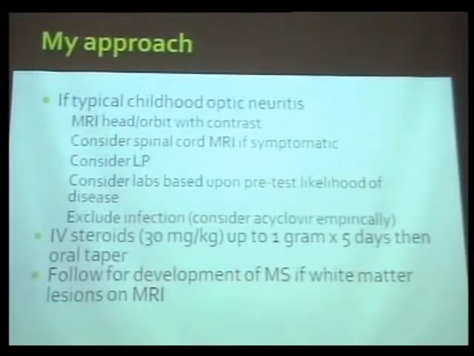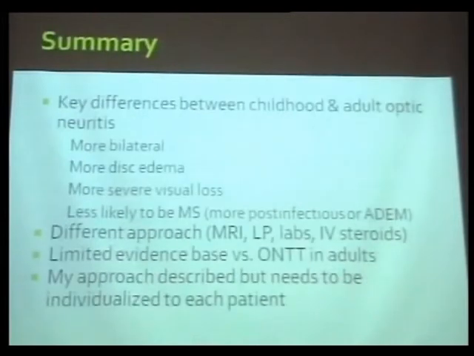And you've got to follow the patient just like an adult, because some of these patients are going to develop multiple sclerosis, and we do a follow-up MR scan in ADEM to make sure the lesions are regressing, and also we're looking for dissemination radiographically in time to support the diagnosis of childhood MS.